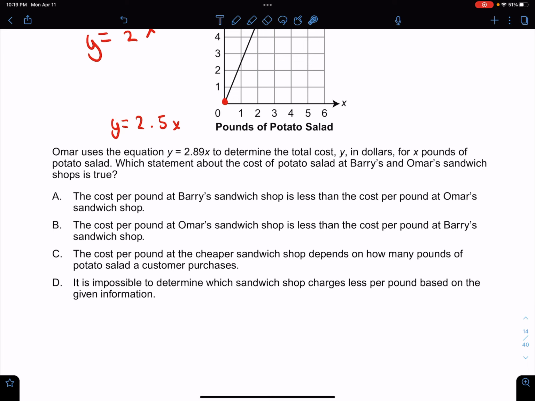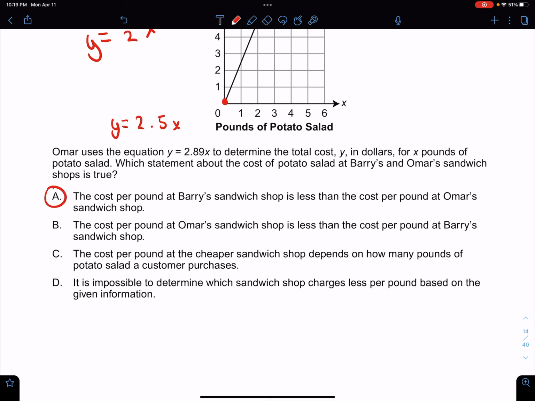What if I were to buy 1 pound of potato salad? Is it cheaper to buy that at Barry's shop or at Omar's shop? Our answer should be Barry's shop because his is 2.5 per pound of potato salad, right? So my answer is actually going to be A.